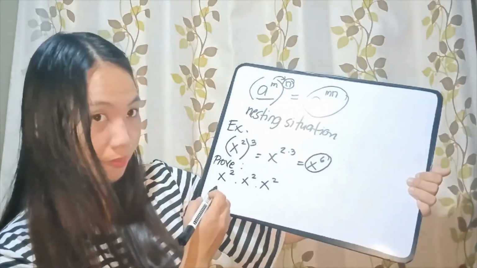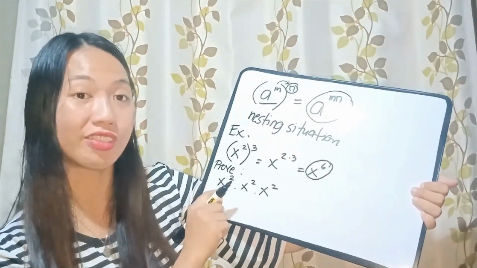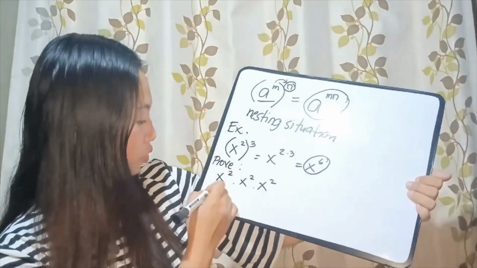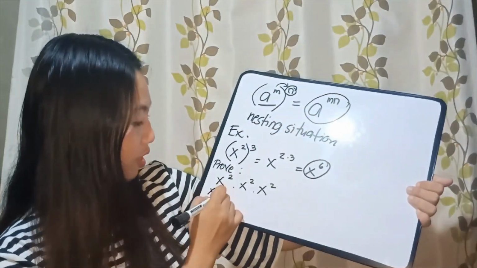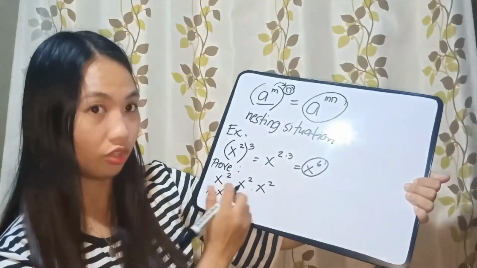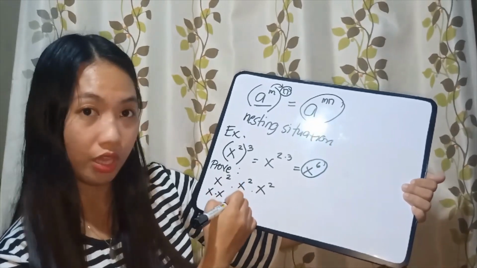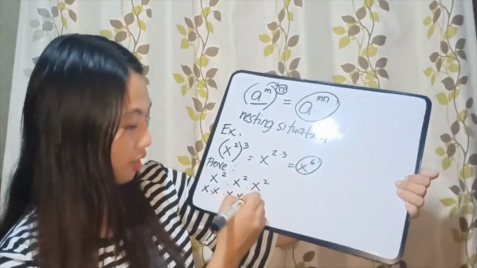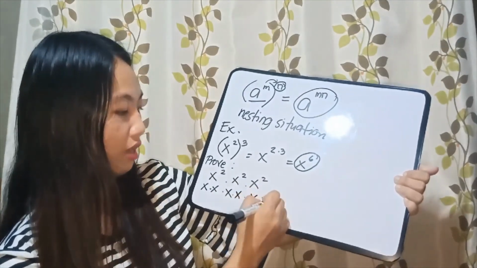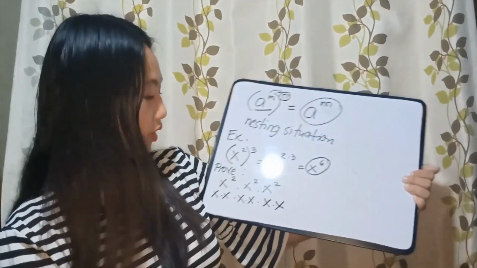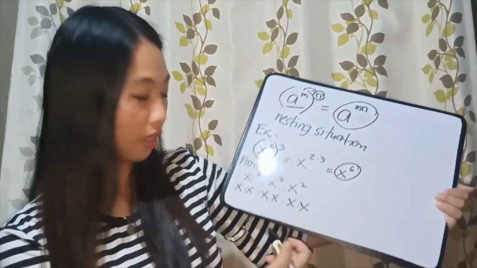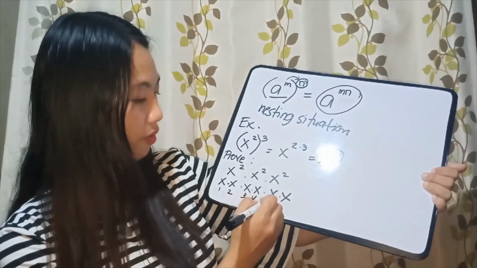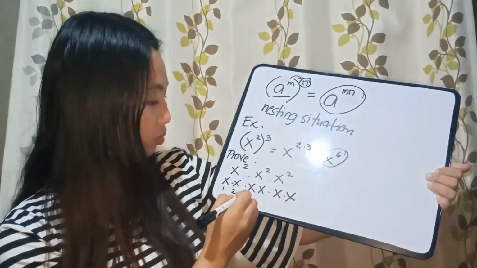And for the next step, since x squared means we're going to multiply x 2 times, we have x times x, times another multiplication of the variable x 2 times, x times x, and another one, x times x. So as you can see, we extracted the variables and we come up with 1, 2, 3, 4, 5, 6 x's.